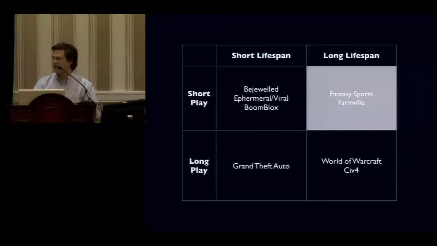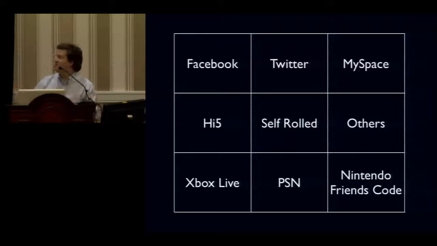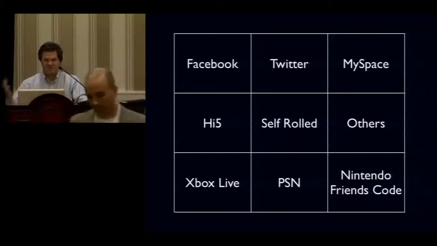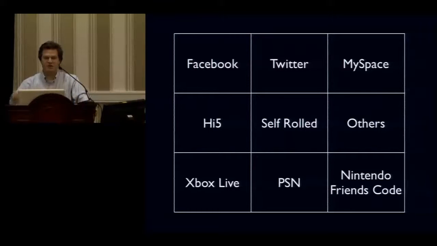In terms of social games, I want to skip over that for a sec, but there are a lot of different social game platforms. What's important to understand about the social game space, let alone the mobile social space, is that while Facebook and to some extent Twitter are the prevalent platforms, the vast majority of things are being built on Facebook, and only a few on Twitter.